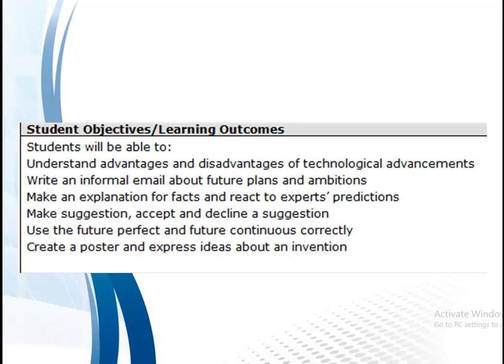They will know how to write an informal email about future plans and ambitions, make an explanation for facts and react to experts' predictions. Students can make suggestions, accept and decline a suggestion, and use the future perfect and future continuous correctly. I also expect them to improve their presentation skills through their projects.